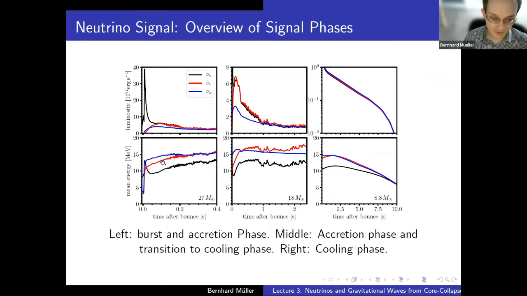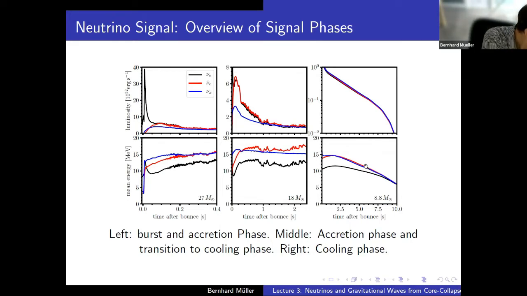The electron antineutrinos are higher in mean energy, and the mu and tau neutrinos are highest at the beginning, but the electron neutrinos overtake them typically on longer time scales for some of the accretion phase. And once you get into the explosion phase, the rise of the mean energy stagnates, and eventually there's a decline of the neutrino mean energies, reflecting the cooling of the proto-neutron star.